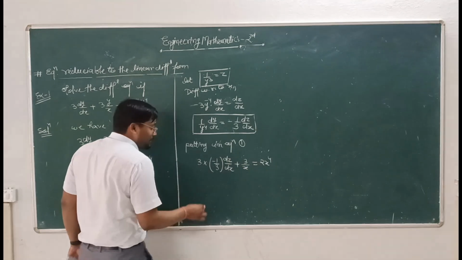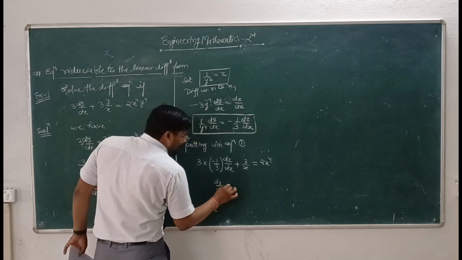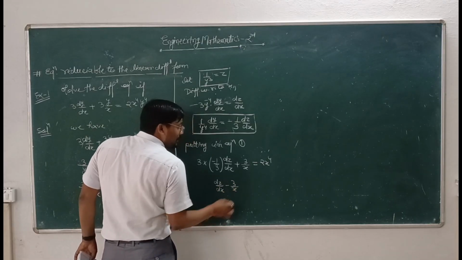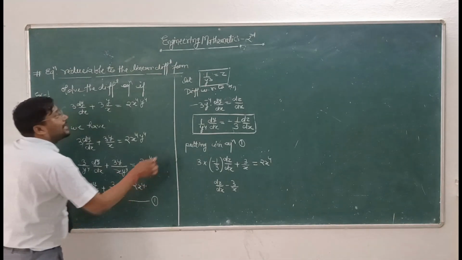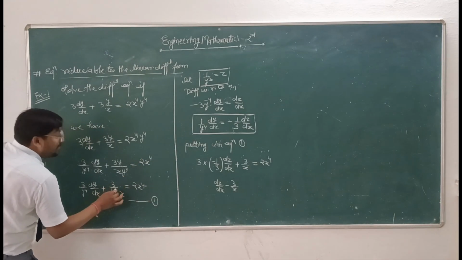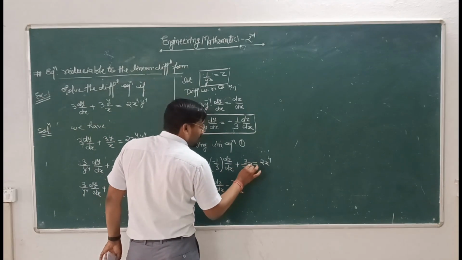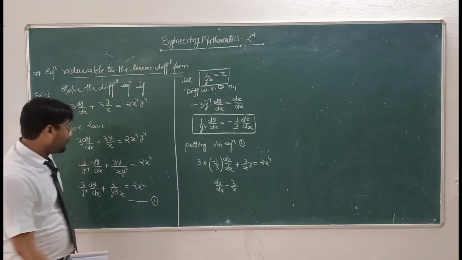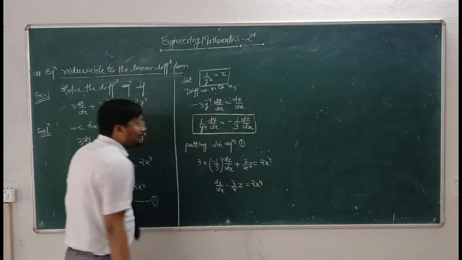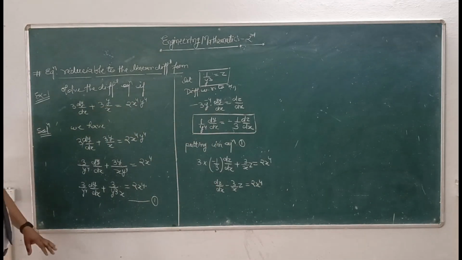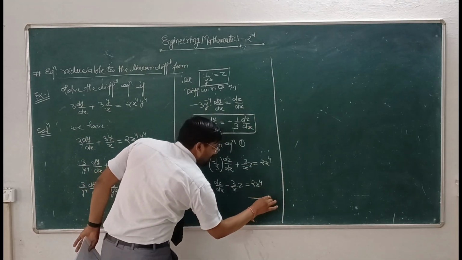Now you can simplify this: dz/dx minus 3 upon x z is equal to minus 2x to the power 4. Now this is equation number second.